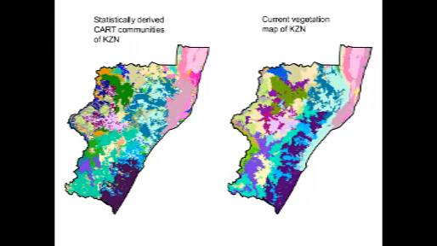It's just climatically so different that it's being pulled out in CART in any case. So from this we can derive that this technique is quite useful to map vegetation communities at a broad scale, and we might even be able to use it to objectively identify some of the thresholds used in the vegetation map that are fairly subjective.